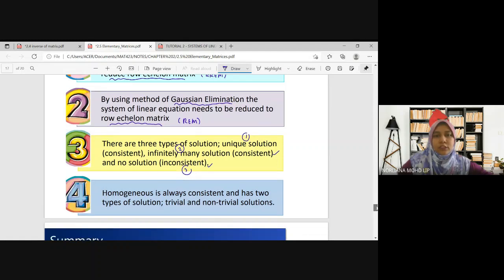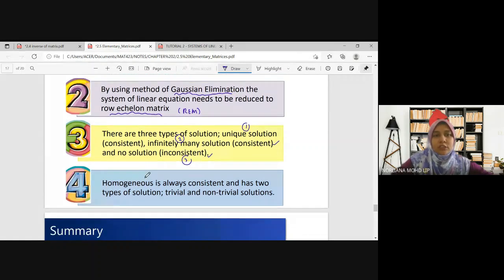For homogeneous system, homogeneous is always consistent and has two types of solution, either trivial solution or non-trivial solution. This is for homogeneous system AX is equal to 0 lah. Untuk yang ni AX is equal to B. So kat sini homogeneous, the constant matrix is equal to 0.